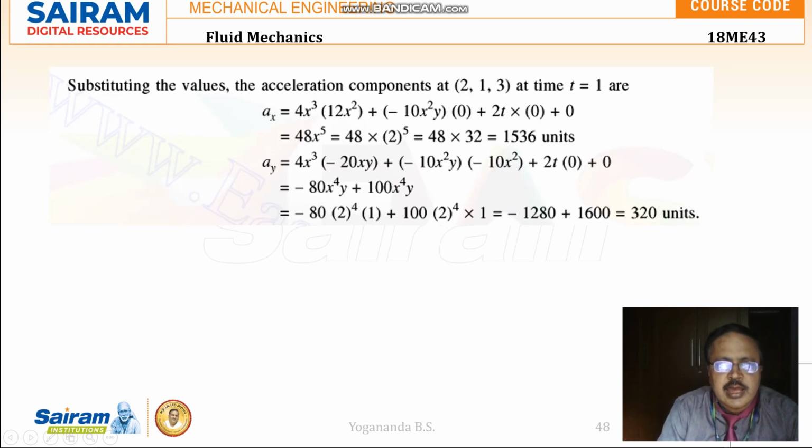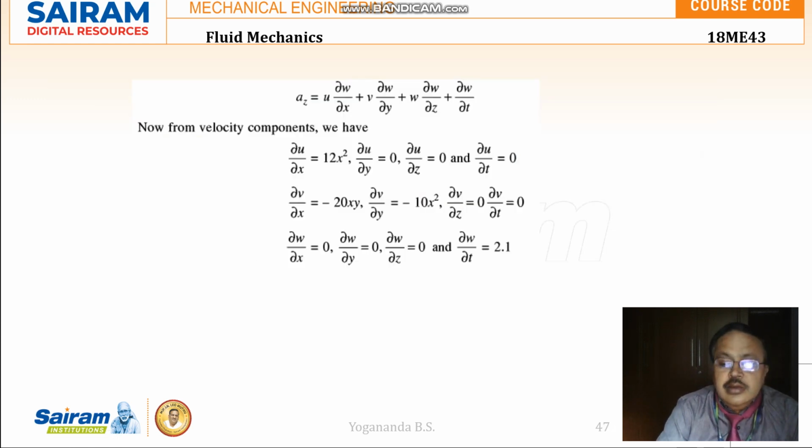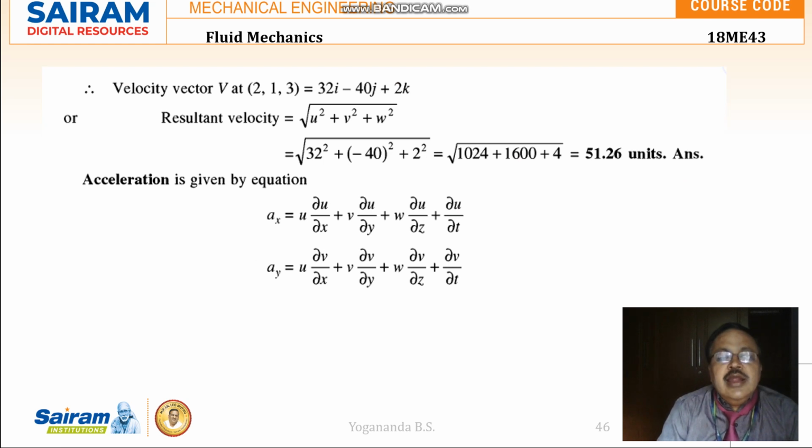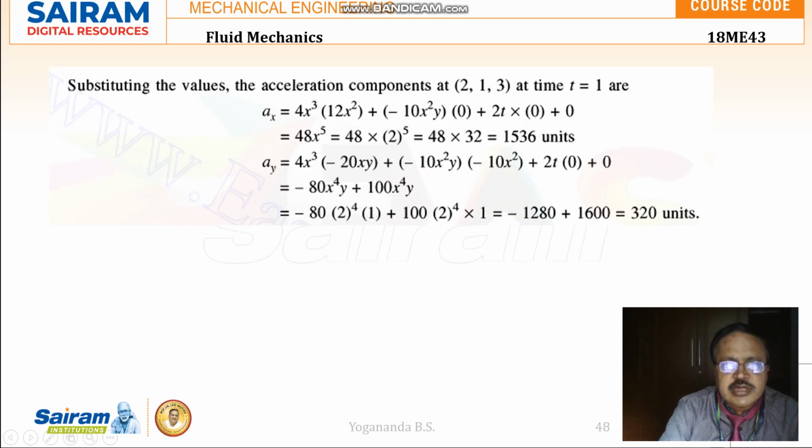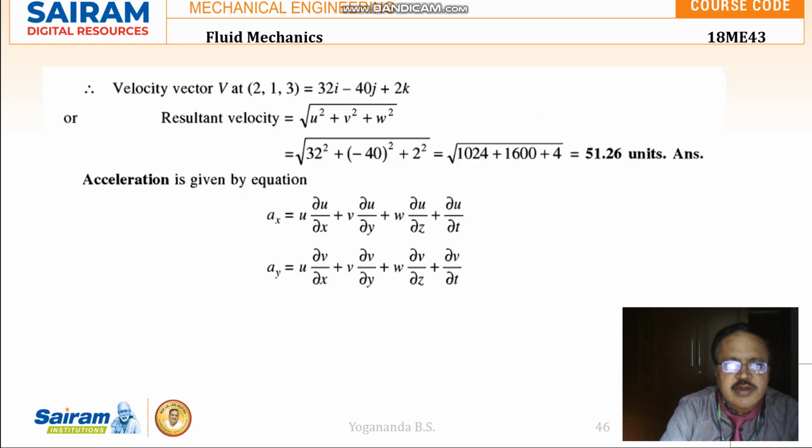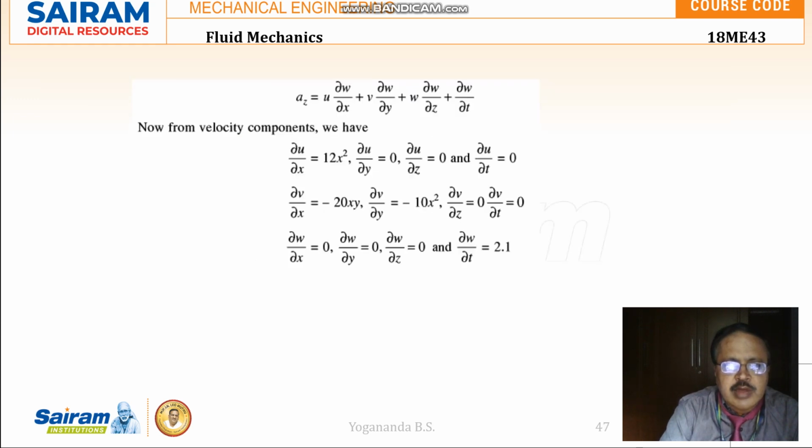Now substituting x, y and z as 2, 1 and 3 at the time t is equal to 1 in the ax, ay and az equations. In place of u, 4x cube is written, and in place of del u by del x, 12x square is written.